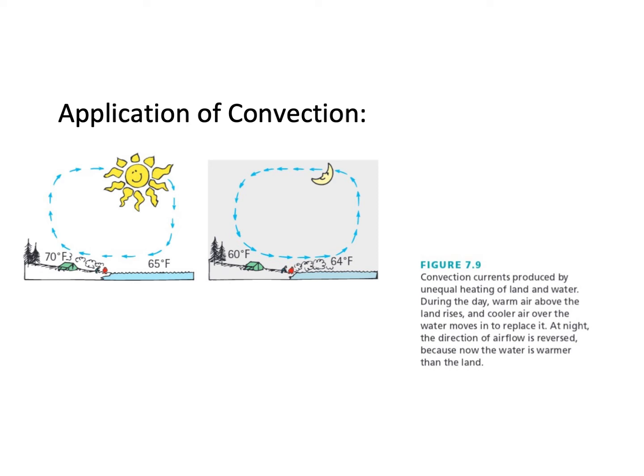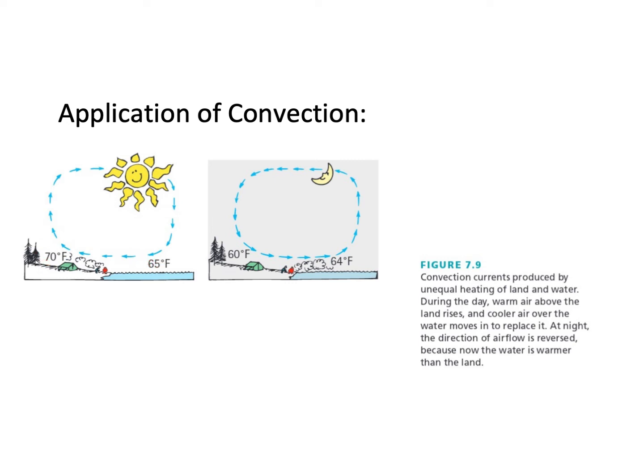Now here's an interesting application of this process of convection. You can see there's some guy, he's built a campfire, he's got a tent, he's camping by a big lake. Let's say the sunlight is coming down and it's warming the water and it's warming the ground. We know that water has a really big specific heat, and so it takes a lot of heat to warm that water up, so it might be at a little bit cooler temperature than the land.